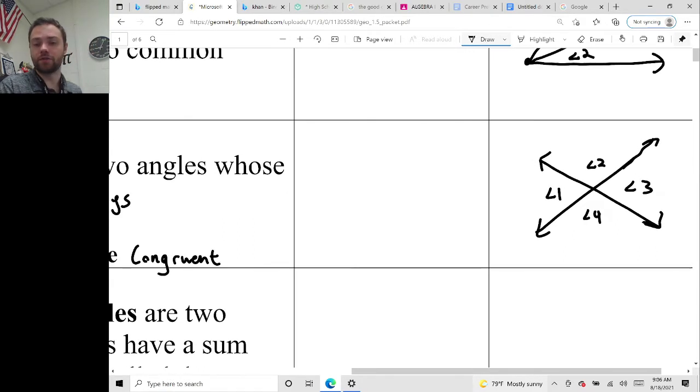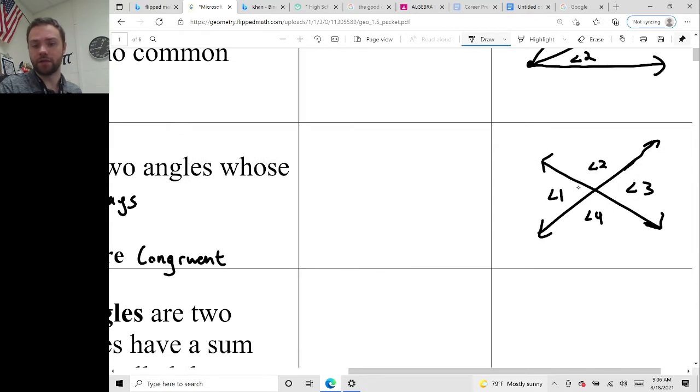Well, vertical means straight across from each other, okay? So this angle is a vertical angle with angle 3, so that means those two things are congruent, okay? So that tick just means that one tick means it's congruent to other one ticks. Same thing with angle 2 and angle 4. They're vertical angles, so I can say that this angle is the same measure as that angle.